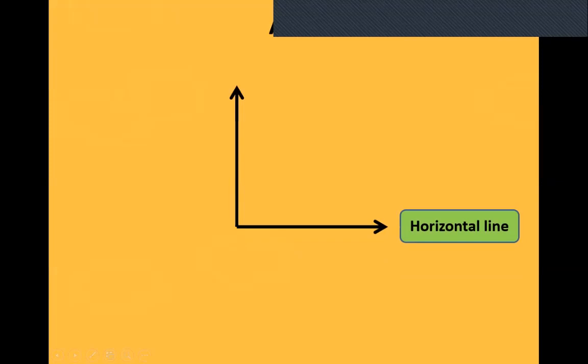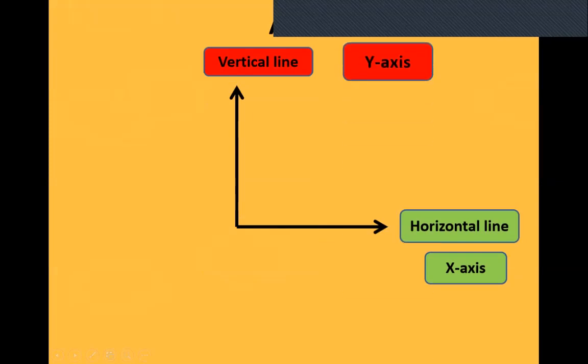Axis. Here you can see a horizontal line and a vertical line. Horizontal line is x-axis and vertical line is y-axis. Both the axes are numbered from 0 to 4.